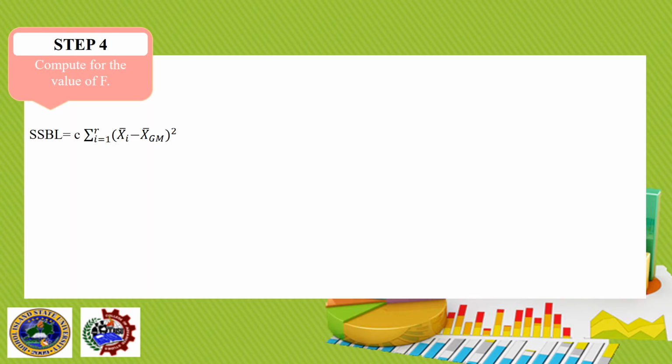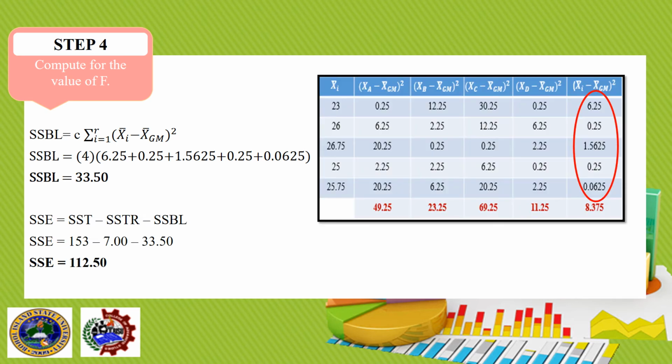Next we will find the sum of squares for blocks, or due to blocks. To make it easy, we will again consider this part of the table. To find SSBL, we simply add all these values from 6.25 up to 0.0625.